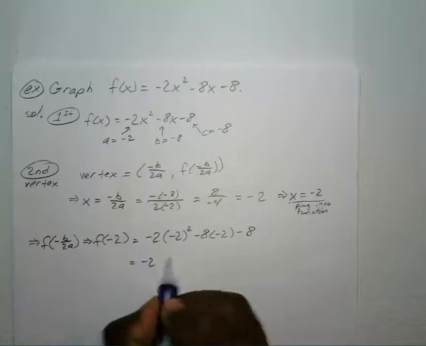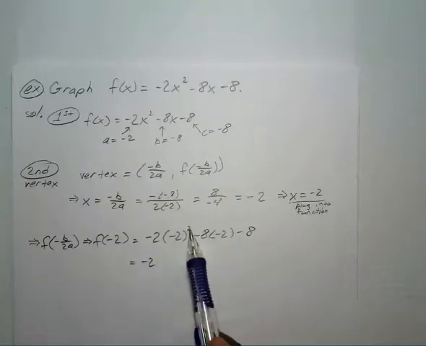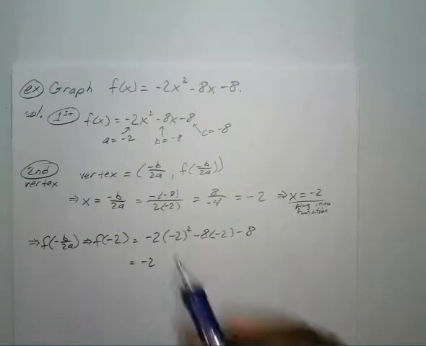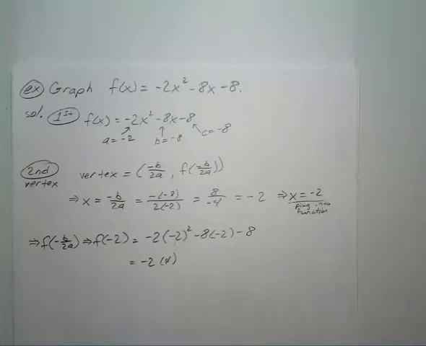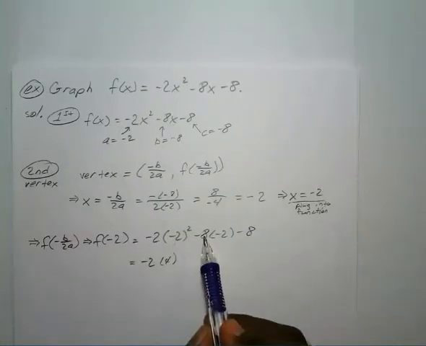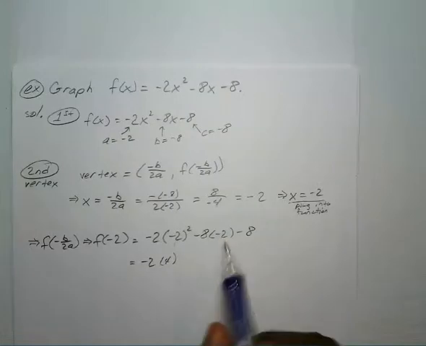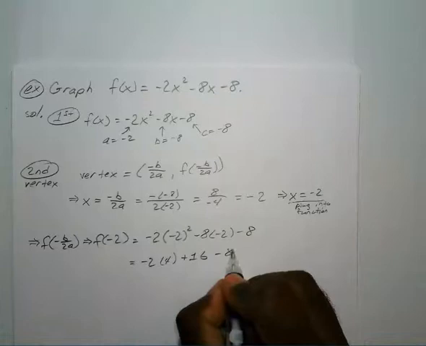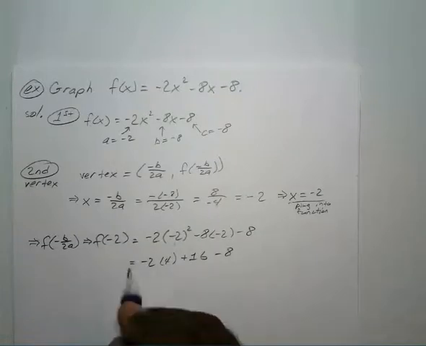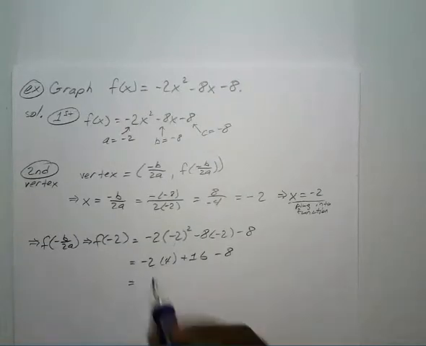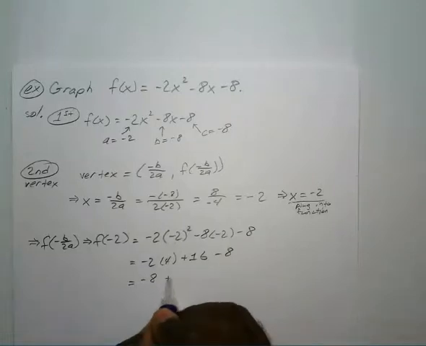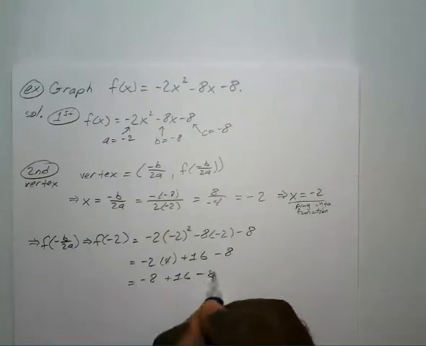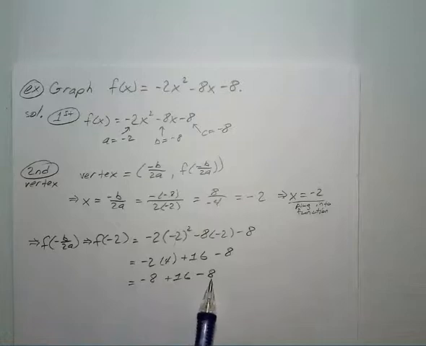That gives us negative 2 times negative 2 squared, which is positive 4, minus 8 times negative 2, so that will be plus 16, minus 8. In this case, we have negative 2 times 4, which is negative 8, plus 16 minus 8. Minus 8 and minus 8 is minus 16. Minus 16 plus 16 is 0.